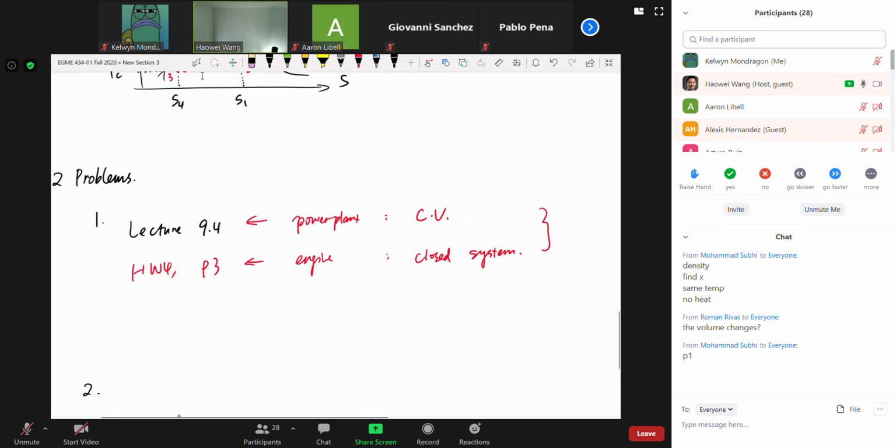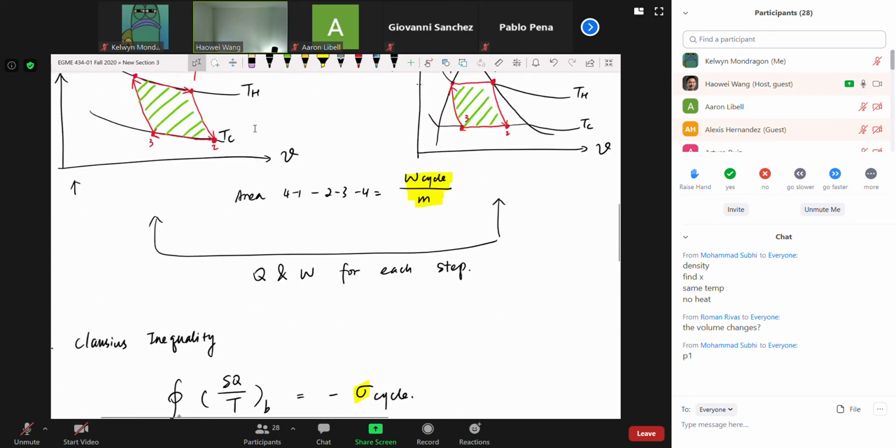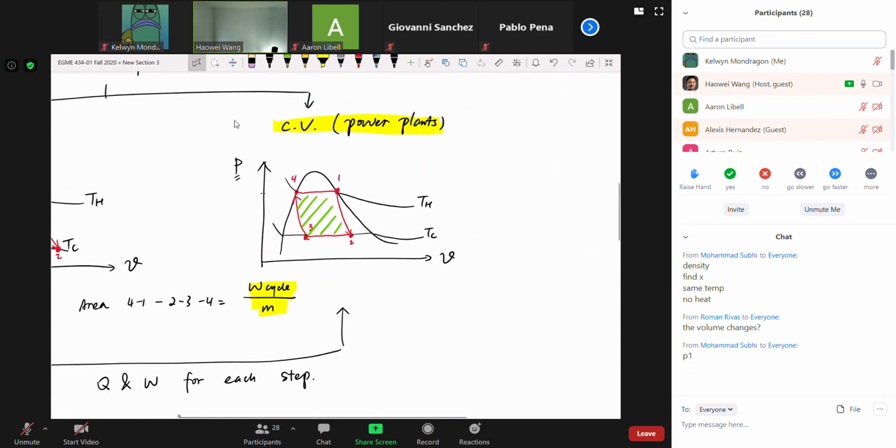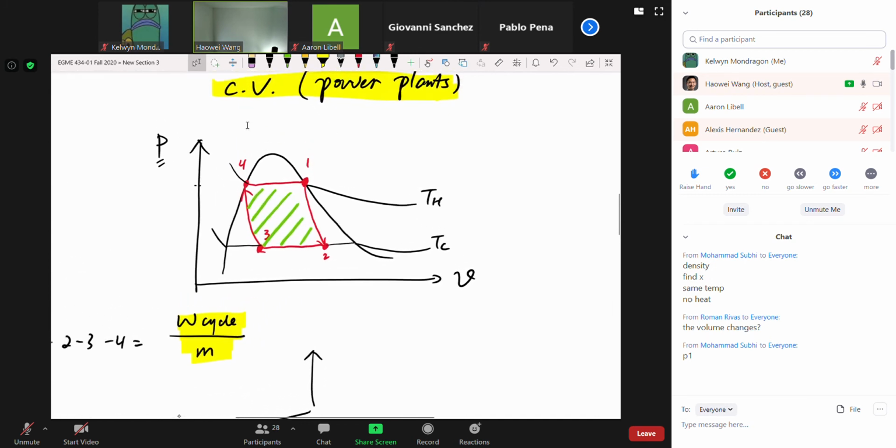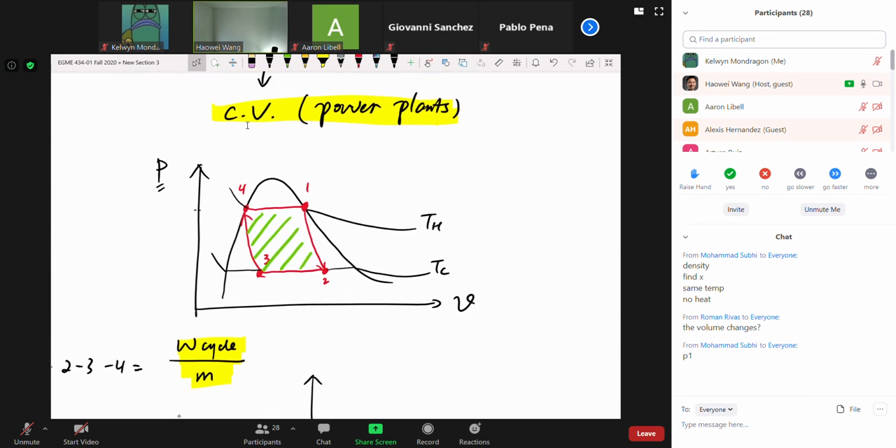Okay, let's do a quick example. If it is a power plant, this is going to be the P versus v diagram. It will be very similar to the example we did in class, lecture 9.4, but something will change. It won't be exactly the same. For example, I will tell you 4 to 1 is the boiler.